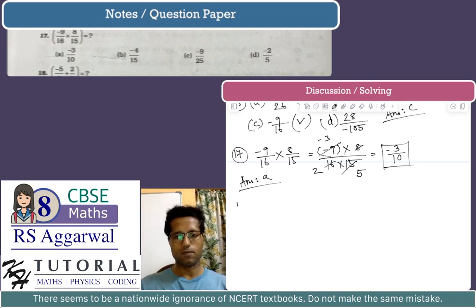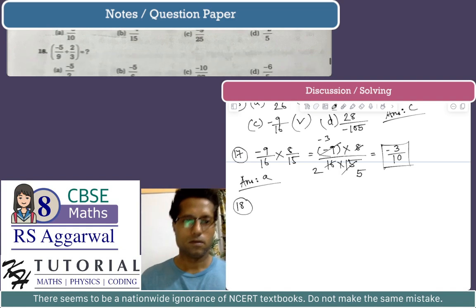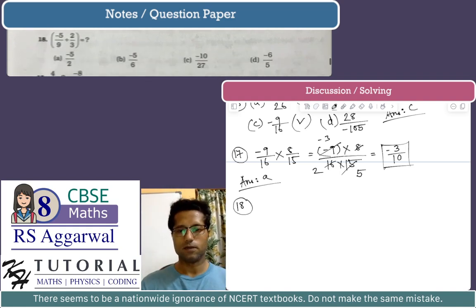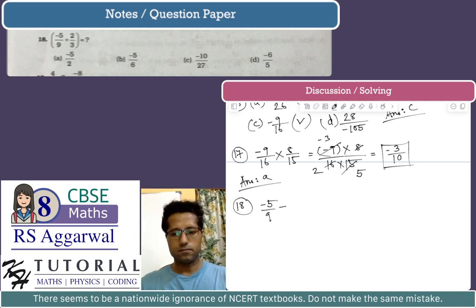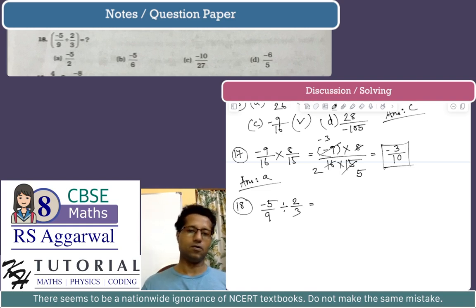Let's do problem number 18. It is also simplification, and it is given minus 5 by 9 divided by 2 by 3. How do we perform division of two rational numbers?